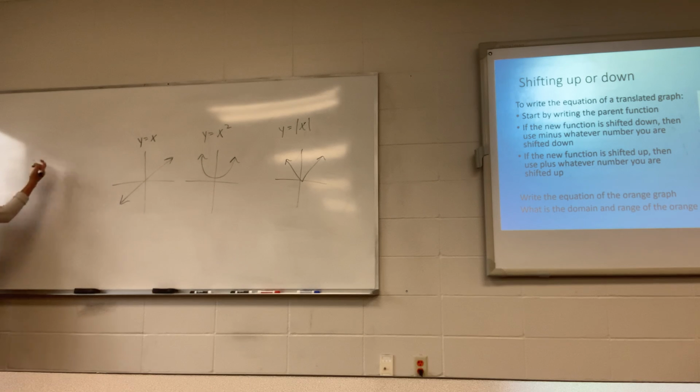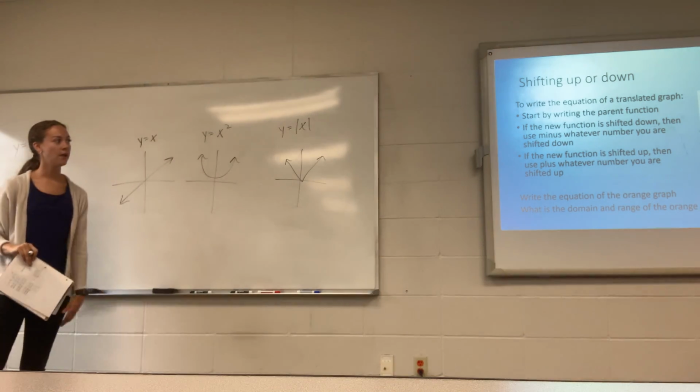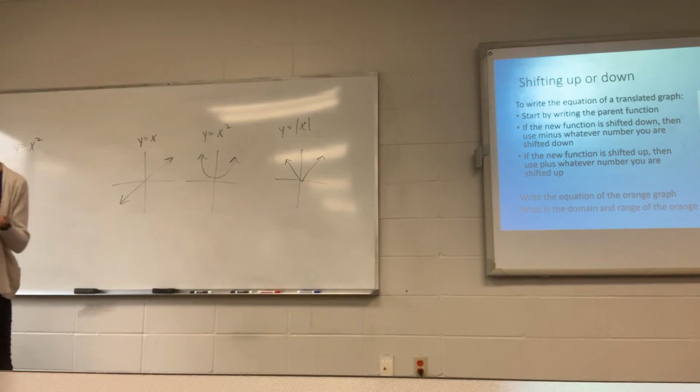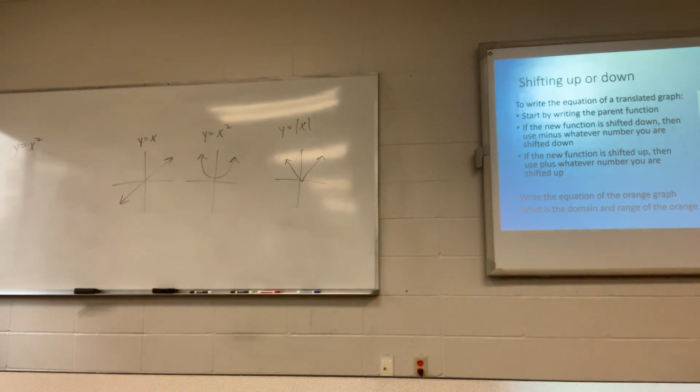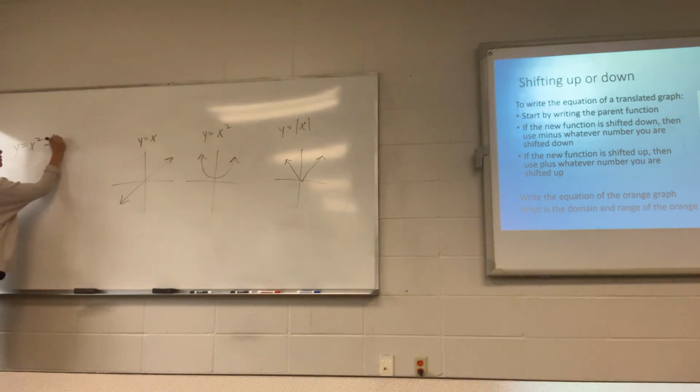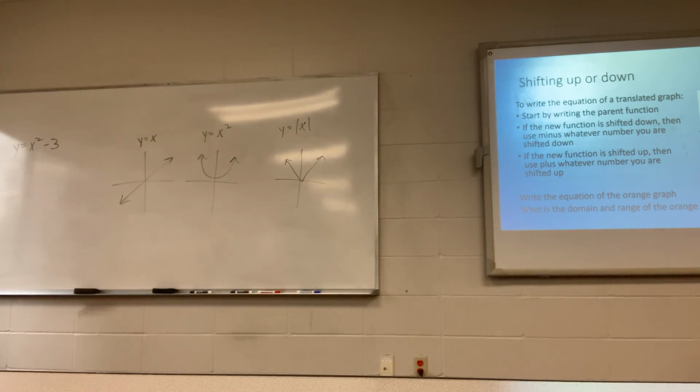So I need to write my parent equation, which is y equals x squared. And if I'm going down 3, do I want to say plus 3 or minus 3? Yeah, minus 3. So my equation of that orange graph is y equals x squared minus 3.